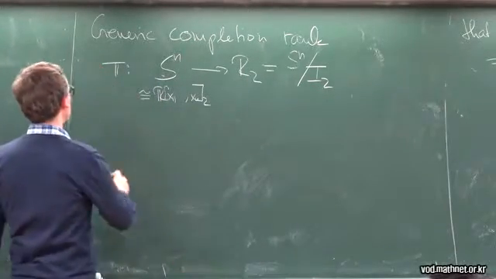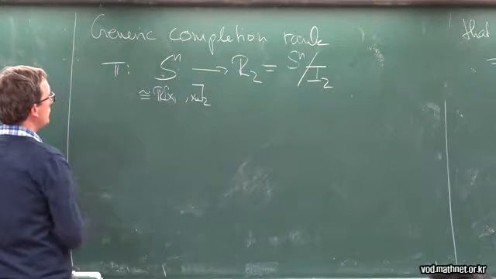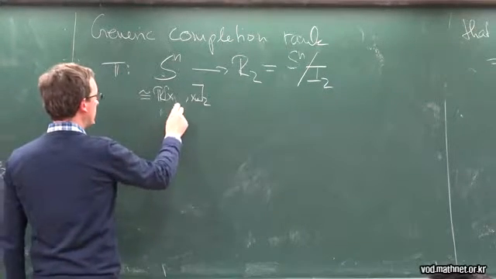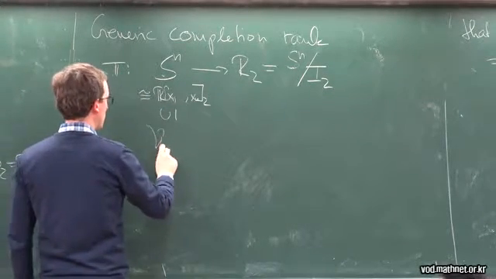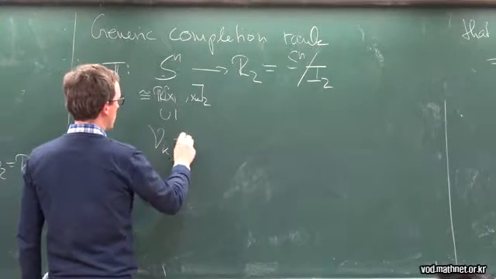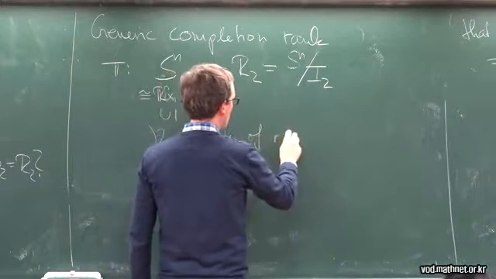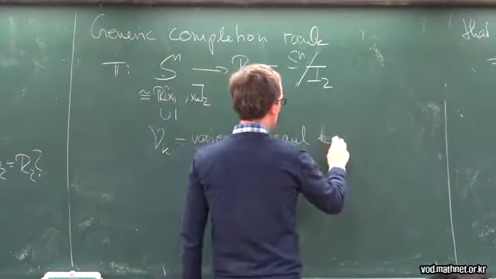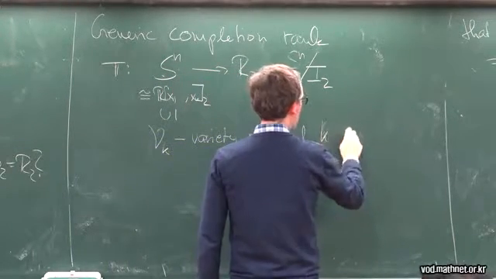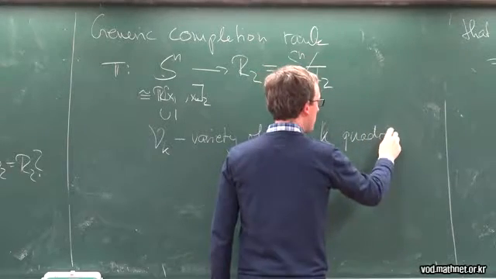Okay. So what I want to know, in here you have the variety of rank k quadratic forms.